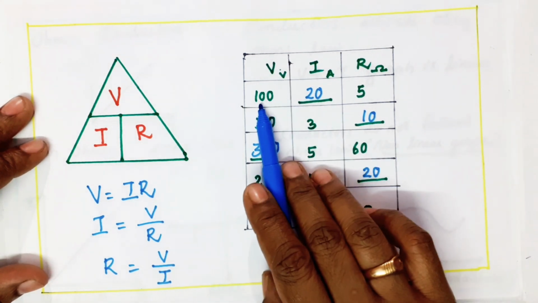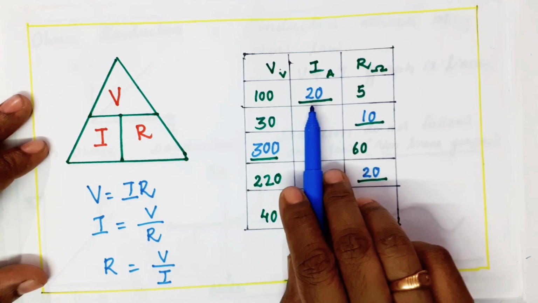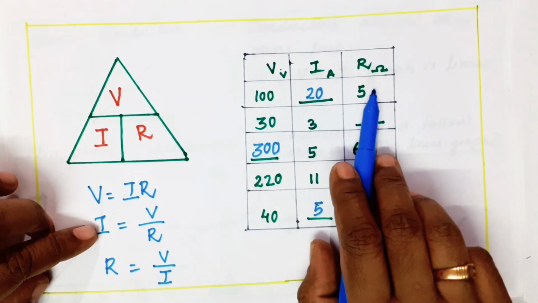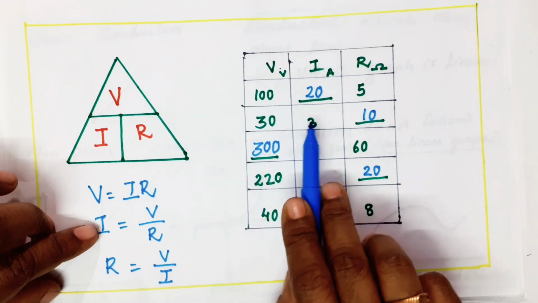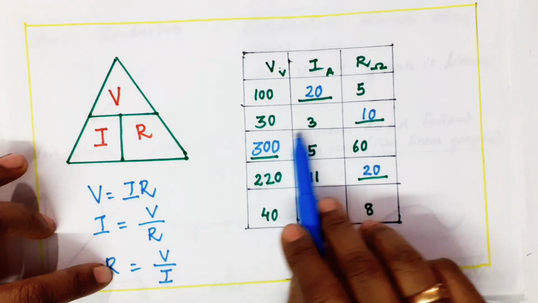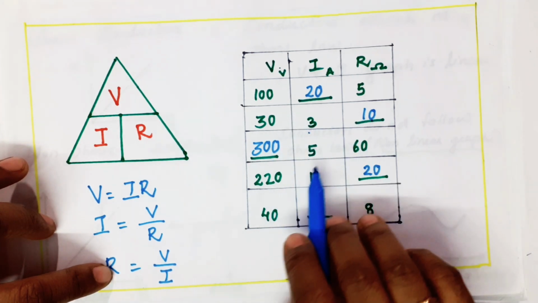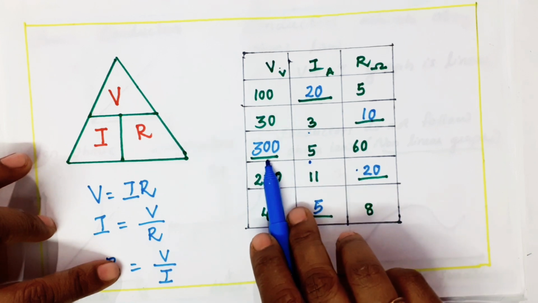And I gave a table form. If I am giving voltage as 100 and resistance as 5, what is your current? It is 100 by 5, 20. Voltage as 30 and current as 3. What is R? V by I. 30 by 3, 10. If you have I as 5, R as 60, what will be V?